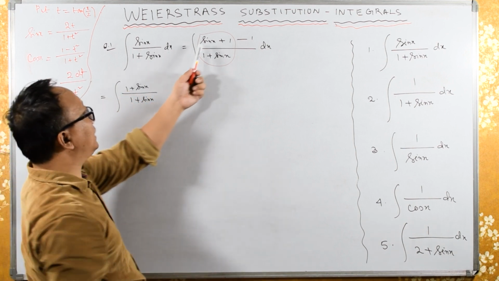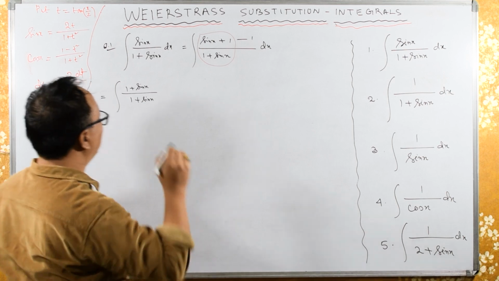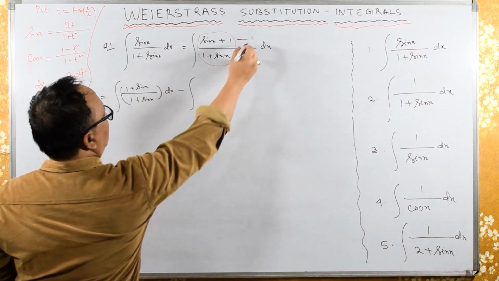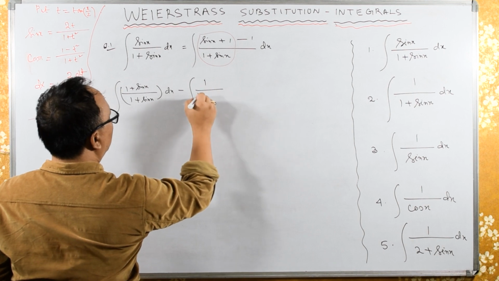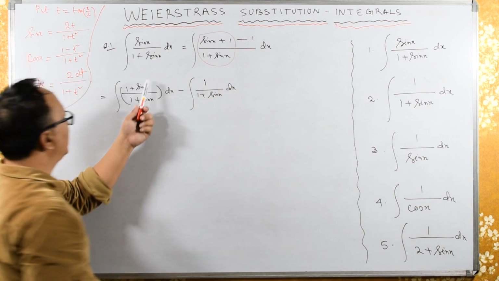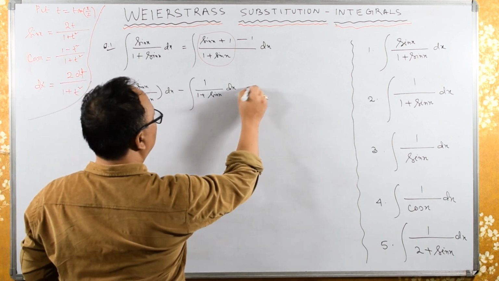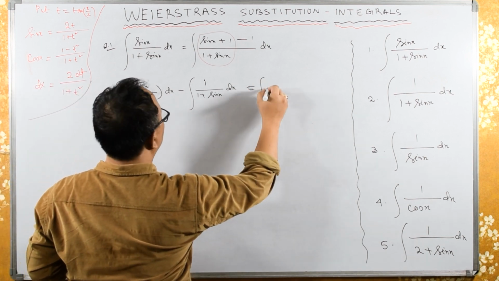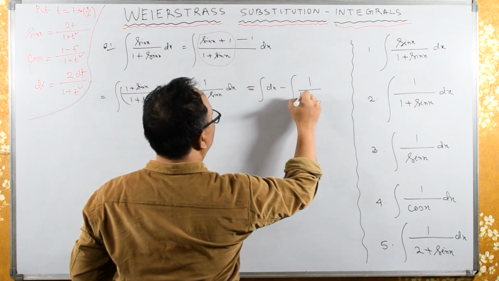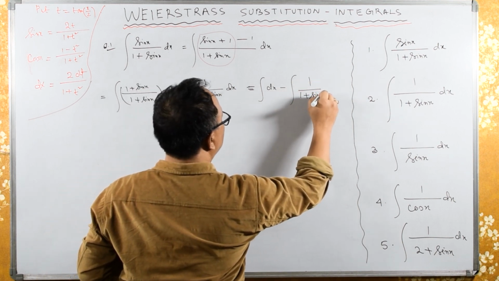Sin x plus 1 is the same as 1 plus sin x, into dx, minus 1 upon 1 plus sin x dx.